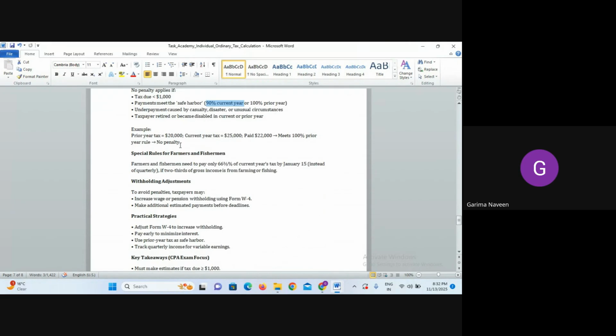Okay. So for example, if your prior tax liability is $20,000 and current is $25,000 and you have paid $22,000, then you need to calculate whether you have to pay any penalty or not. So the limit should be 100% of prior year or 90% of current year, whichever is the lower amount.